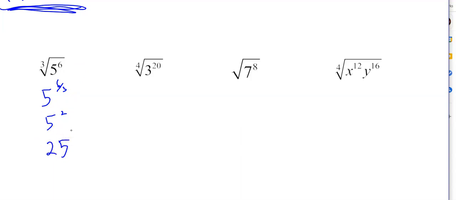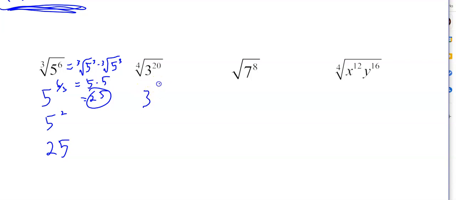Makes it easier, doesn't it? The other way of doing that, by the way, is to break it up. You could do third root of 5 to the third times cube root of 5 to the third. Cube root of 5 to the third is 5. 5 times 5 is 25. There are different ways of thinking about this problem, but it might be easier to think about it in rational exponent form.